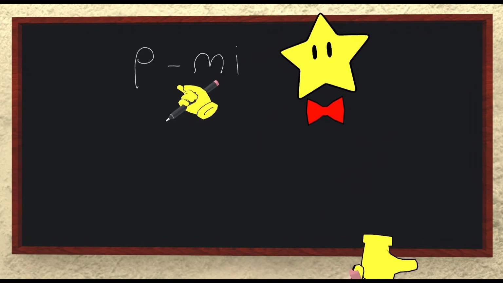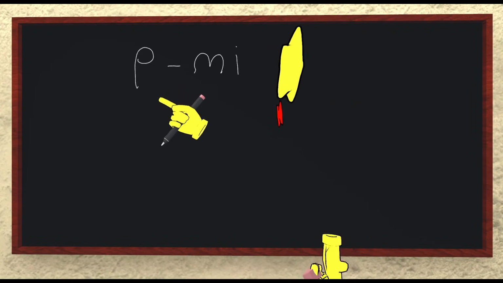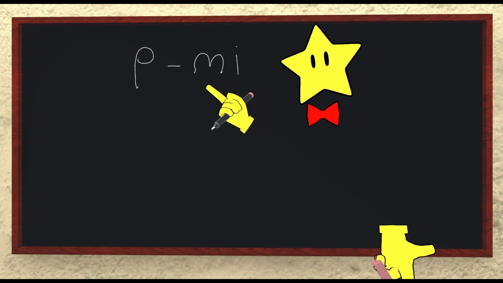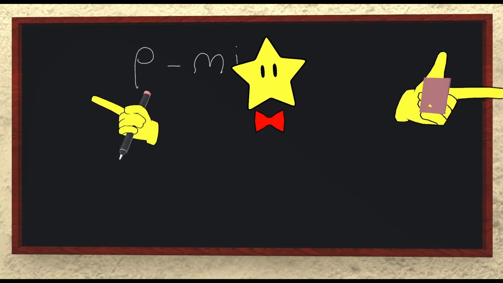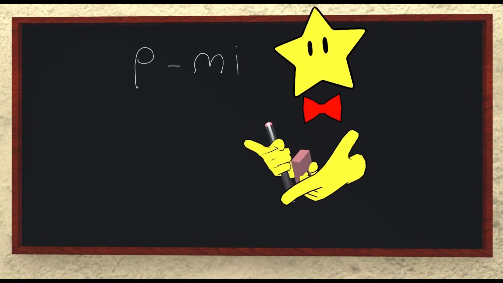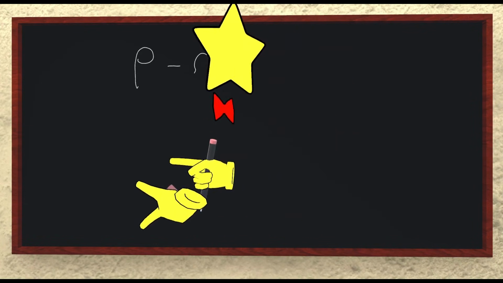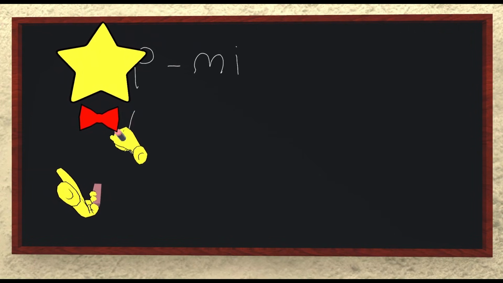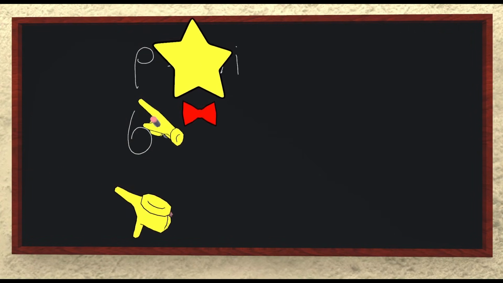Toki Pona doesn't care about plurality. It just cares about this symbol, or the word me, referring to the speaker and any group that includes the speaker. First-person pronouns.